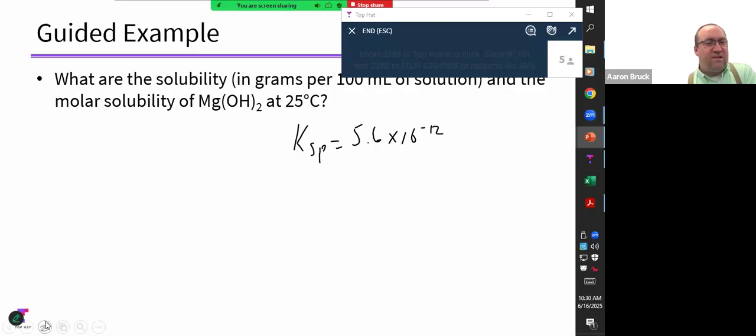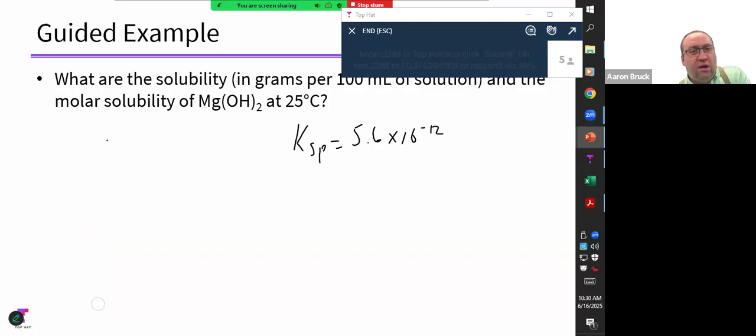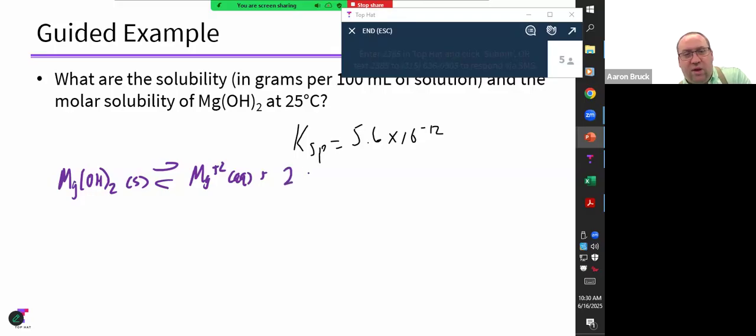So this time we are being asked about the solubility and the molar solubility. So we start in the exact same place. Magnesium hydroxide, solid, in equilibrium with magnesium ion and 2 hydroxide ions.